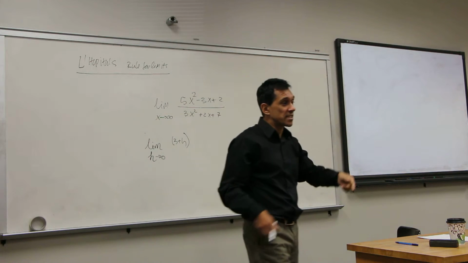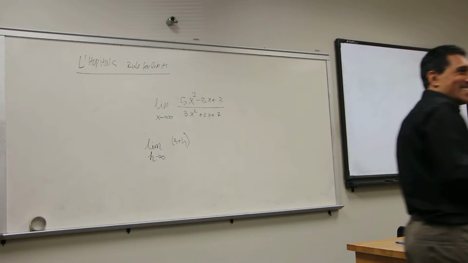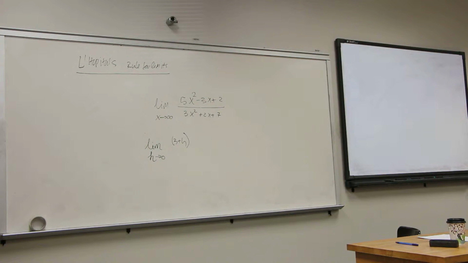Thank you for jumping into that trap. Do not walk where angels fear to tread. Now, if you had a good calculus one professor, he or she would have told you, you have infinity divided by infinity. Today it may be 3, tomorrow it may be -5, the day after it may be 0, and the day after it may be infinity. It changes. In other words, you have to be very careful.